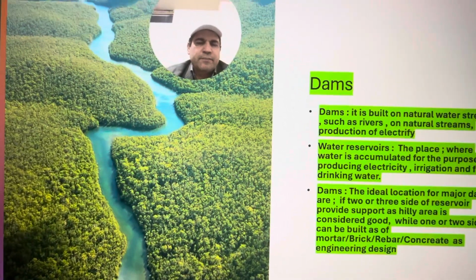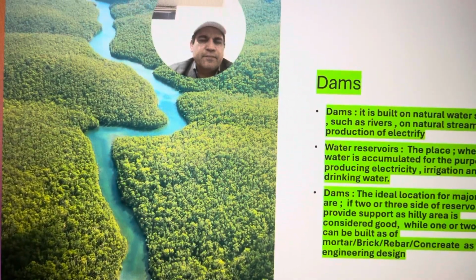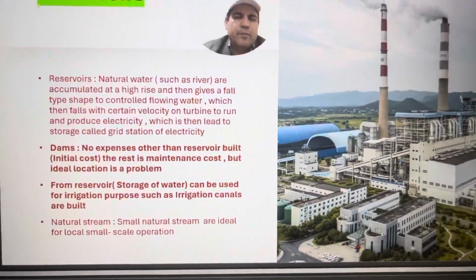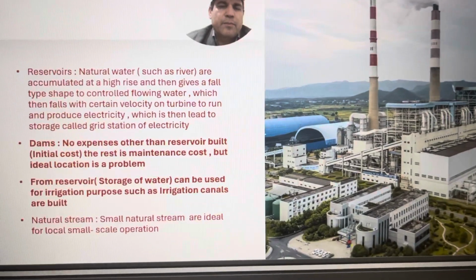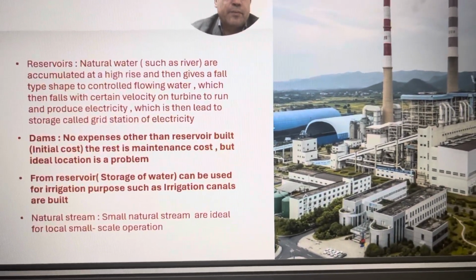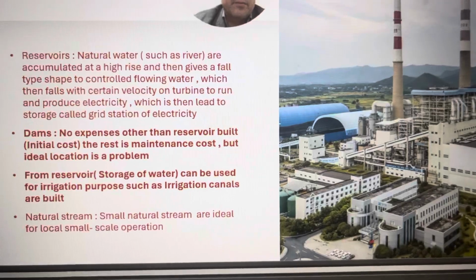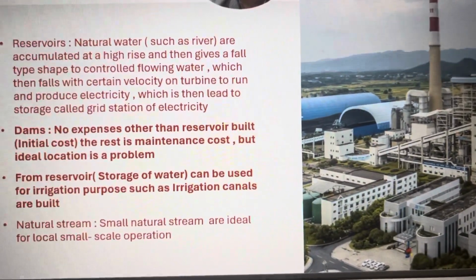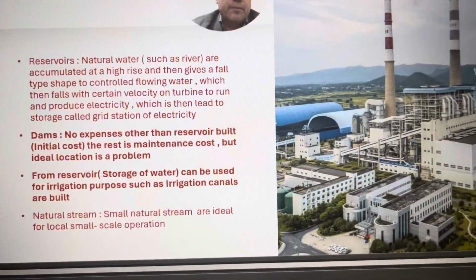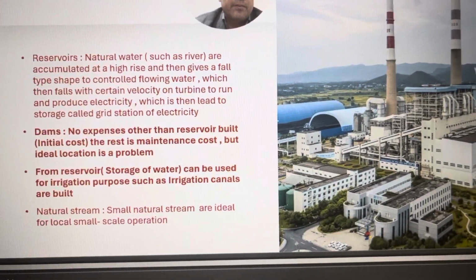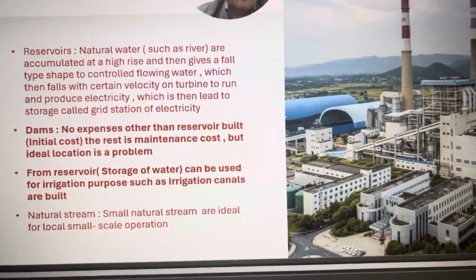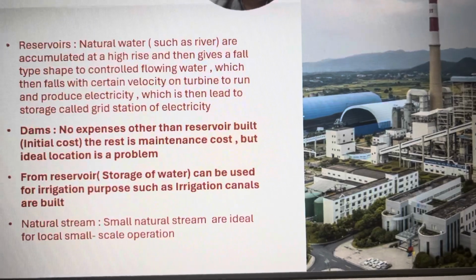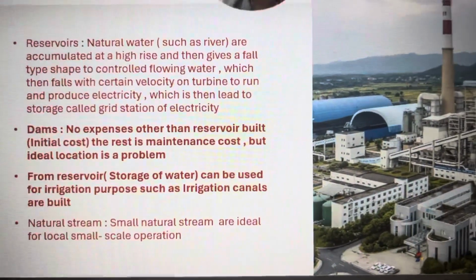In the next slide I will give you an idea. From the reservoir, water accumulated from the river is given a high rise that gives a fall-type shape to the controlled flowing water, which then falls with certain velocity on a turbine to run it and produce electricity.